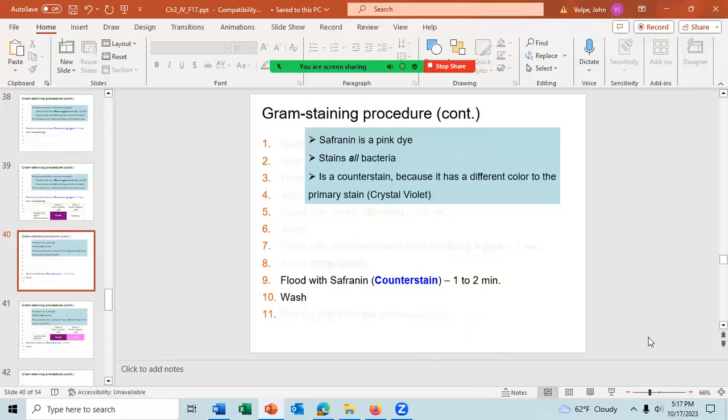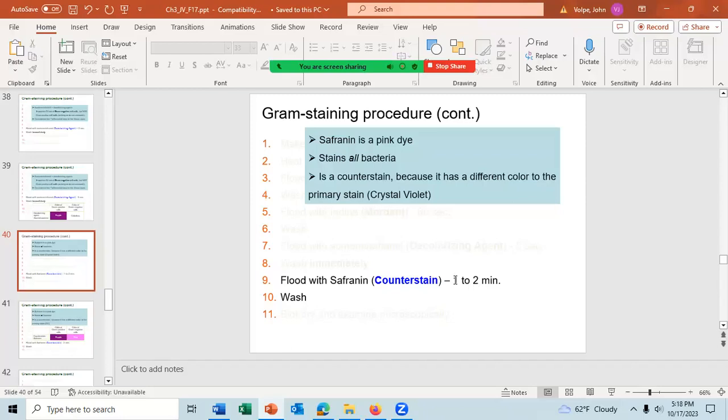You then apply safranin. Safranin is a pink dye. It does stain all of the bacteria cells. We call it the counter stain because it has a different color to the primary stain, meaning it's a different color than crystal violet. You just flood the slide with safranin for 1 to 2 minutes.